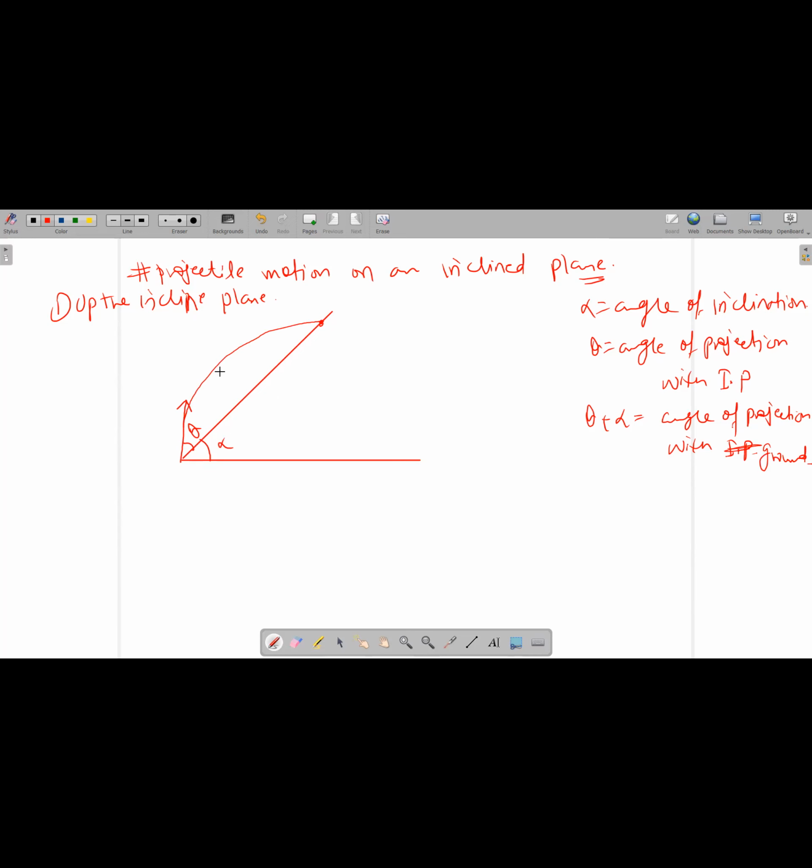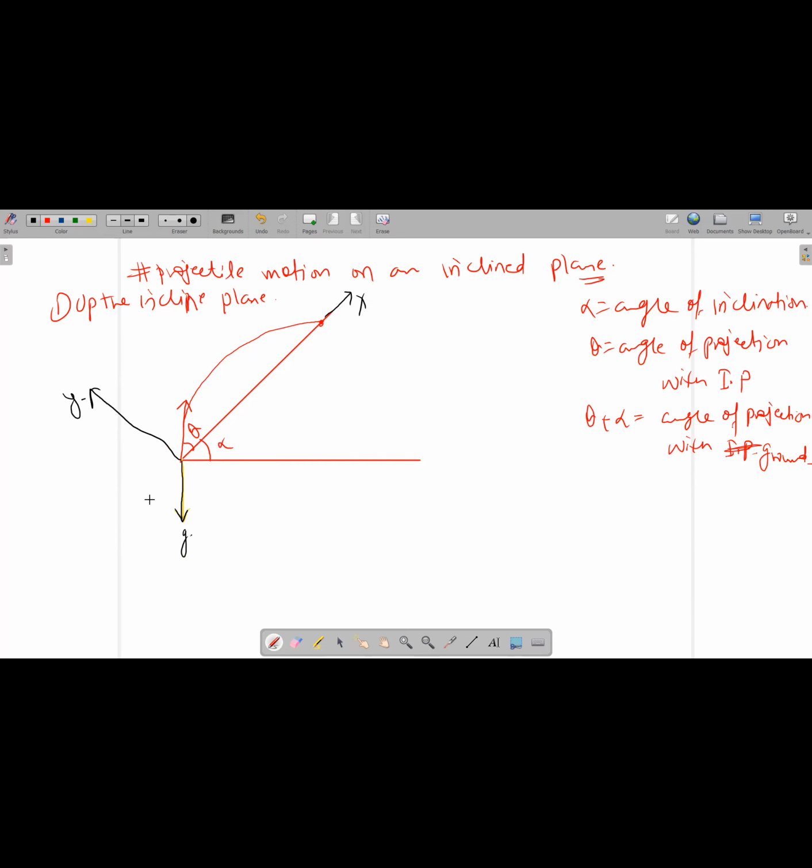On this ball, gravity will always work downward. So this is the direction of acceleration due to gravity. In this case, we'll take the x-axis along the inclined plane and the y-axis perpendicular to the inclined plane.